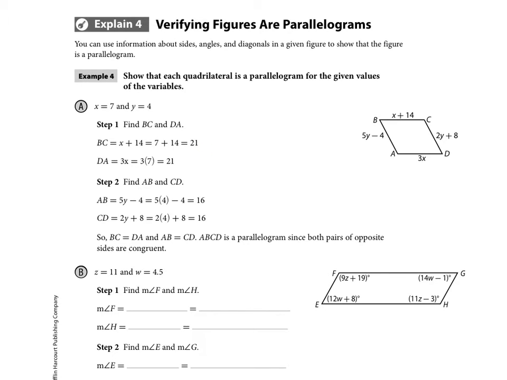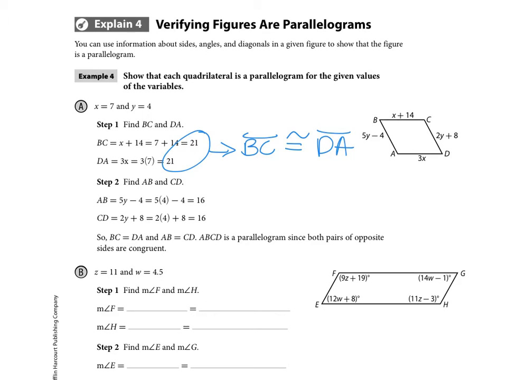Then, hopefully, we substitute that same value 7 in for DA, and we get 3 times 7, and that is also 21. So since these two values are the same, that means that BC is congruent to DA.